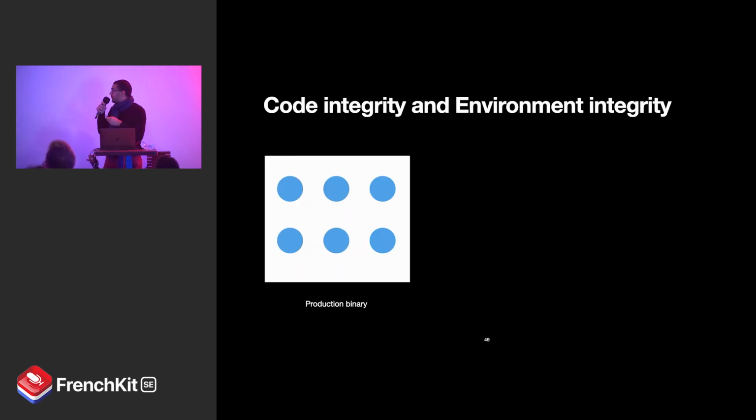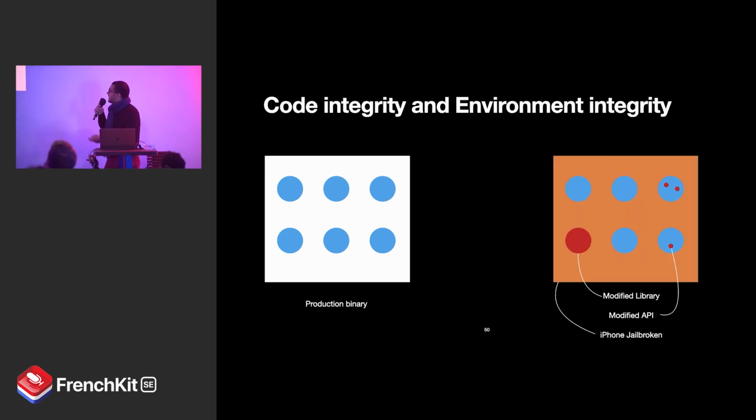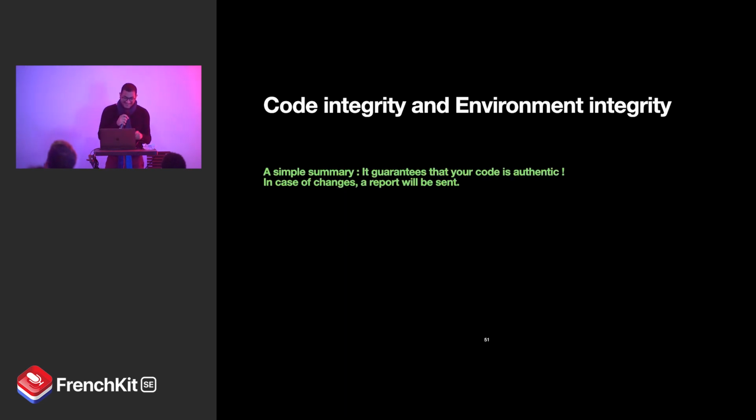To give you a picture of what I'm saying, this is what we want, a perfect environment, and this is what we don't. And I suppose it's really clear for you. To summarize, it guarantees that your code is authentic, and in case of changes, a report will be sent through a callback or directly to your server if you link this one to IXGuard.